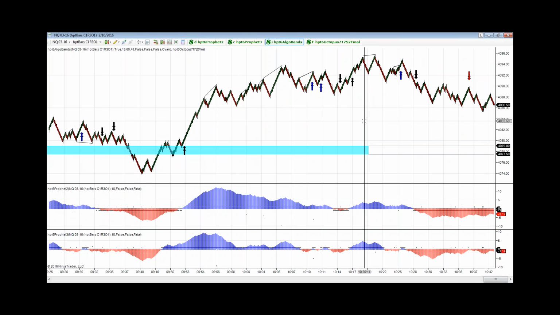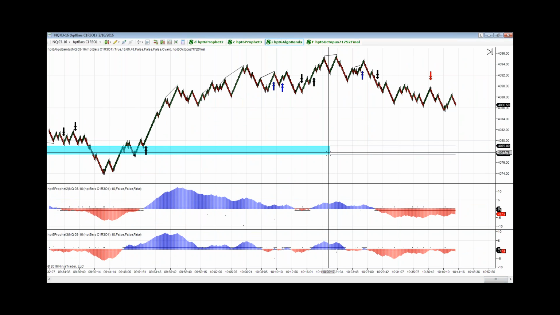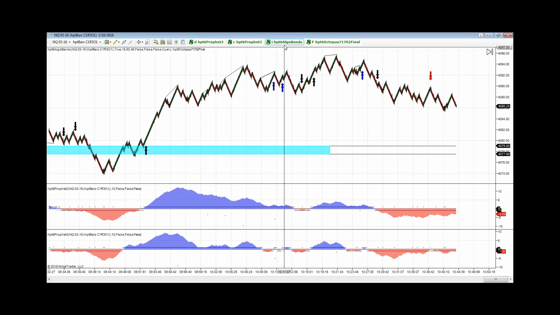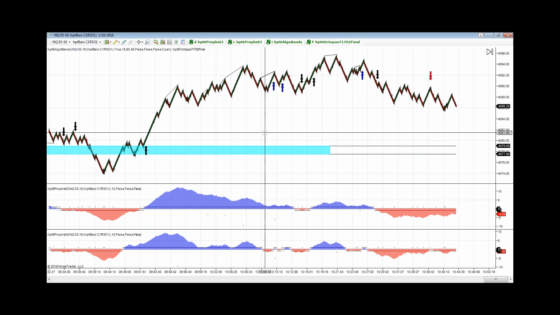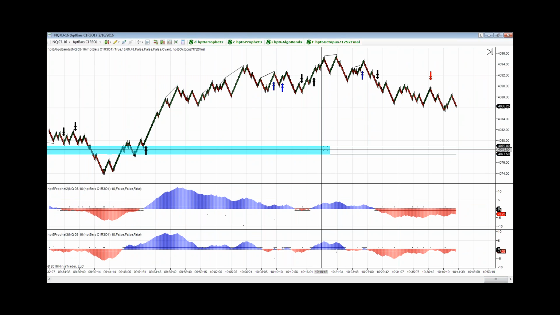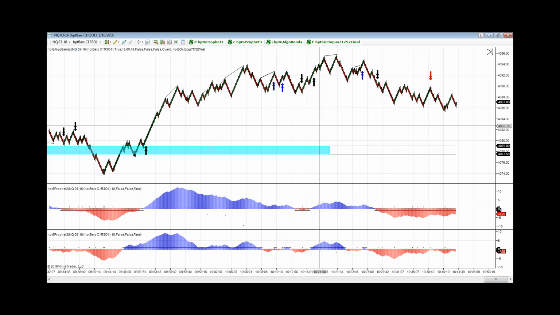Yeah, it does. Now notice also on these bands, the way this one is set, it's going to actually produce the shading for 60 minutes, but it'll continue to draw where it was through here. So this is still valid.